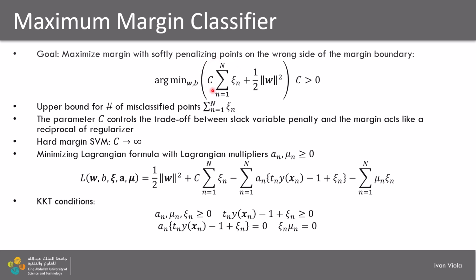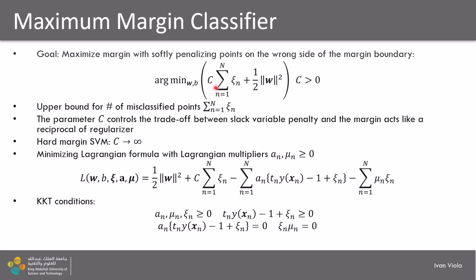And now we have an additional term where we want to minimize this ξn, and we have here some constant C, which acts as a regularizer or an inverse of a regularizer, which will define how much of the penalization, soft penalization, we allow.